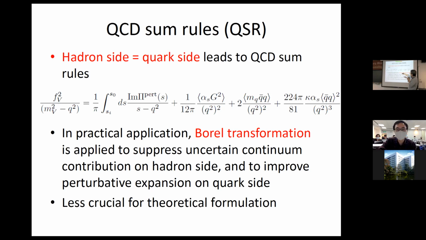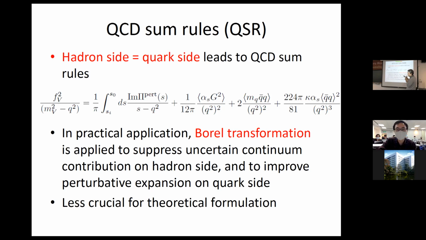The integration goes from the threshold to s_0, because the contribution above s_0 has been cancelled from both sides under the quark-hadron duality. So the right hand side is known, so you can calculate. Then in practical application, people further apply the so-called Borel transformation, because we know that quark-hadron duality may not be a good assumption.